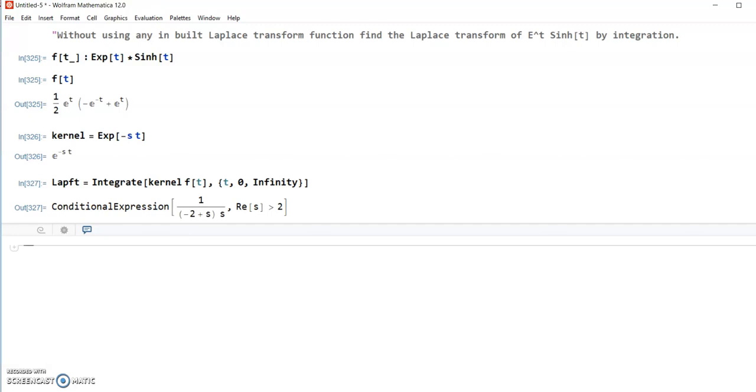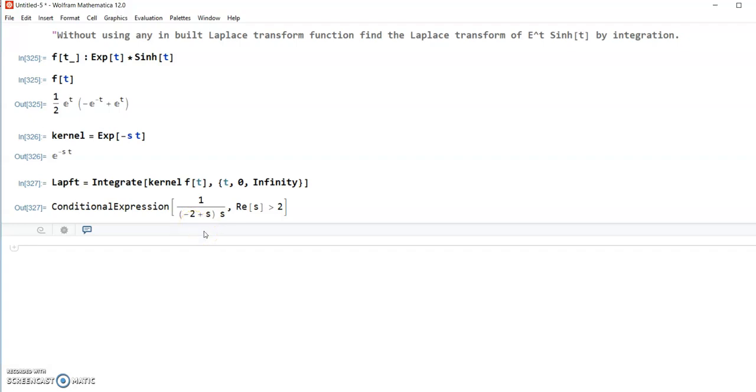So it says that it is a conditional expression. The real value of s should be greater than 2. It is valid for those conditions, and the value of the Laplace transform of e power t times sine hyperbolic of t is 1 over s into s minus 2, and this is correct.